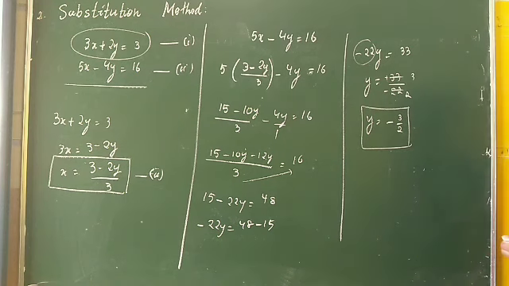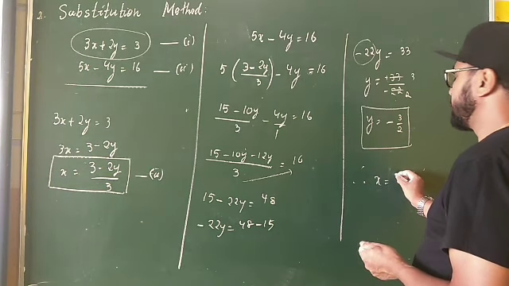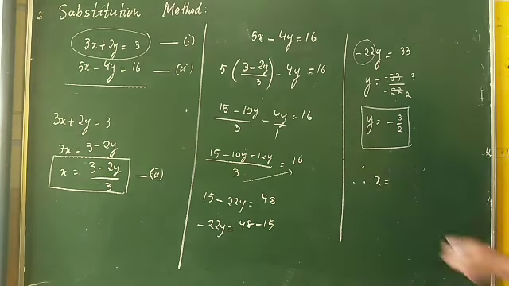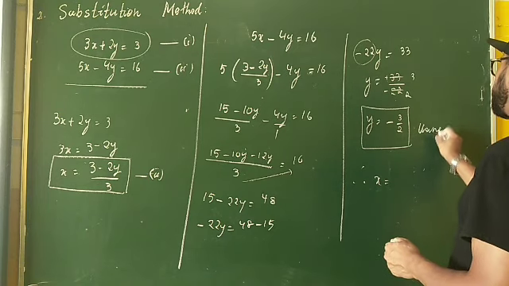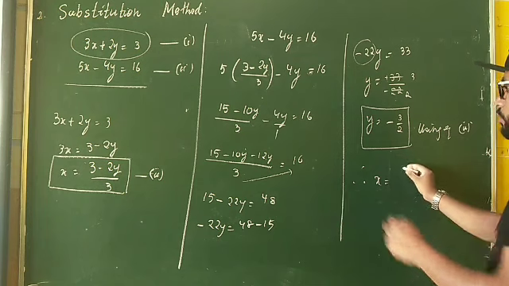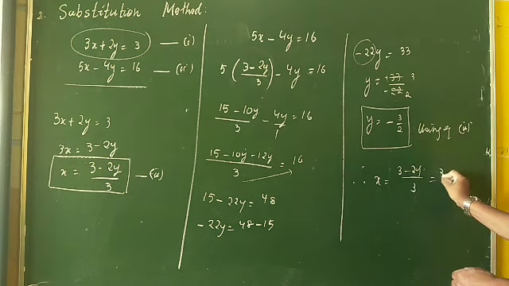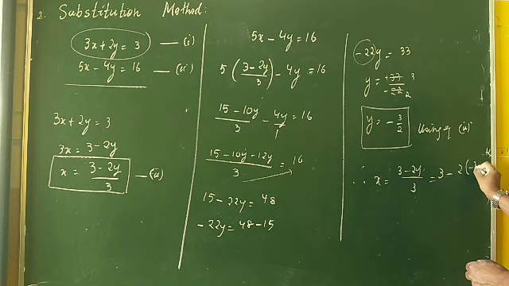So this is how we solve. Therefore, how will we find the value of x? Using equation 2, x is equal to (3 minus 2y) divided by 3. So y is minus 3 by 2, divided by 3.